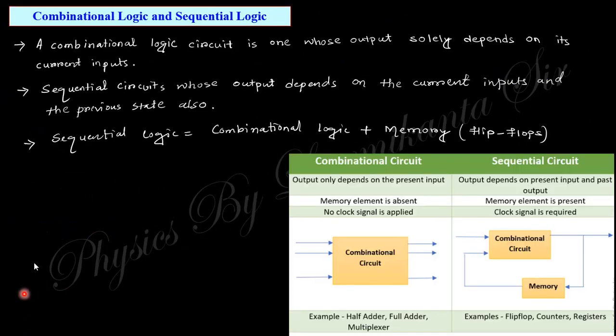Basic thing, you can see here there is no memory required in this, but in this memory is required. So a sequential circuit is a combinational circuit plus memory. This total is known as the sequential circuit. For example, combinational circuits are half adder, full adder, multiplexer. Sequential circuits are flip-flop, counter, register, etc.